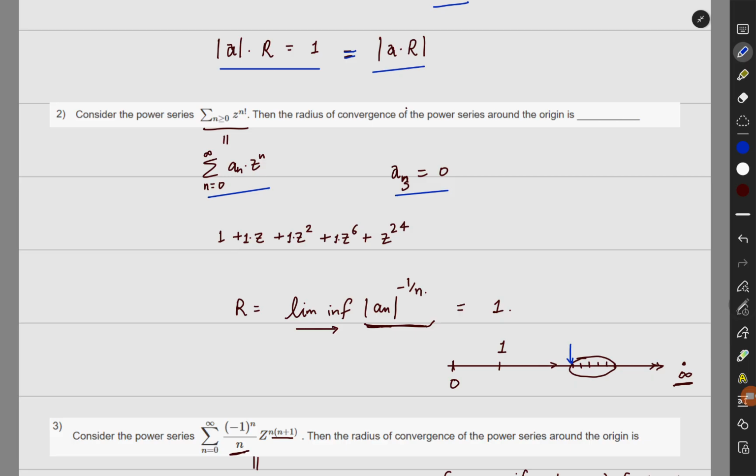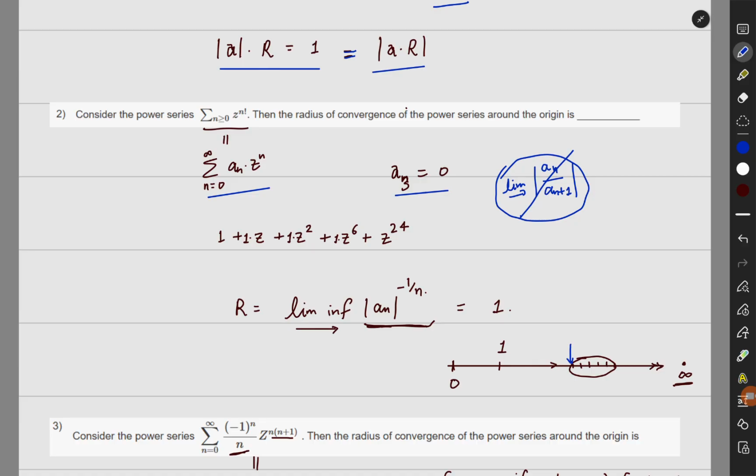So at least one thing is clear, that we cannot calculate it by the ratio an by an plus 1, because the limit may not exist. This way is false, because most of the time an plus 1 is 0.